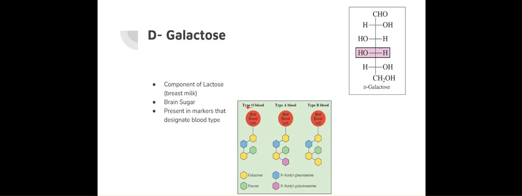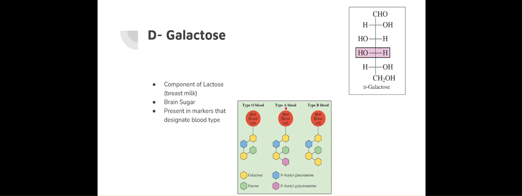If you are of type O blood type, you have a red blood cell that is attached to a galactose, an N-acetylglucosamine, then a galactose, and then a fucose. These monosaccharides chained together, attached to this red blood cell, is what determines that you're of an O blood type. This is an oligosaccharide chain attached to that blood cell.